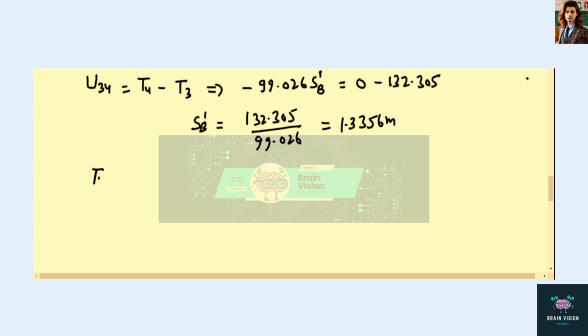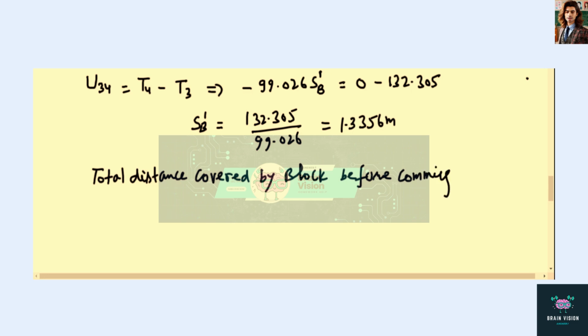So total distance covered by the block before coming to rest has to be 1.3356 plus 0.6 meter.